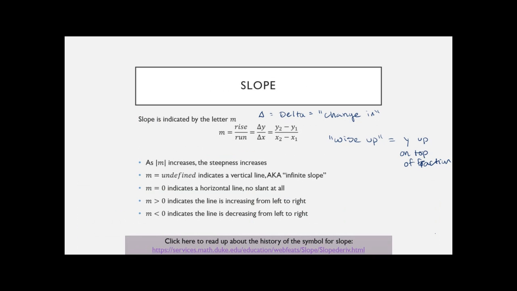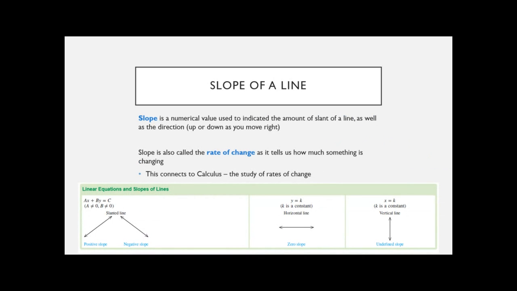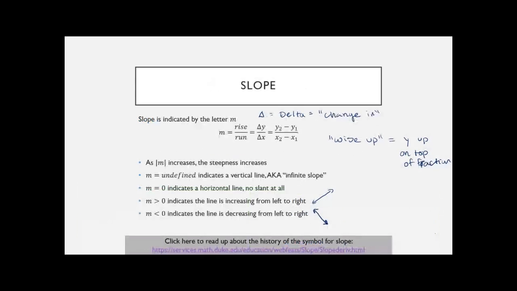And then if your slope is positive, if it's greater than 0, it's going up as you move left to right. And if you have a negative slope, it's going down. So this is the same information on this chart here. We're just giving it in terms of m as the actual value for slope. So it gives you a lot of information about the shape of the graph without even graphing it.